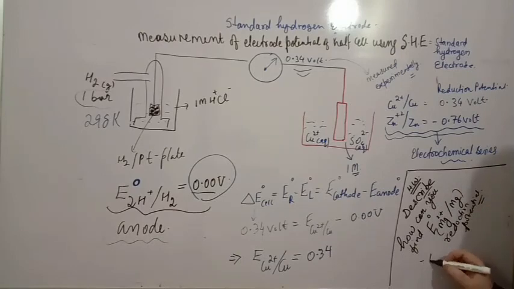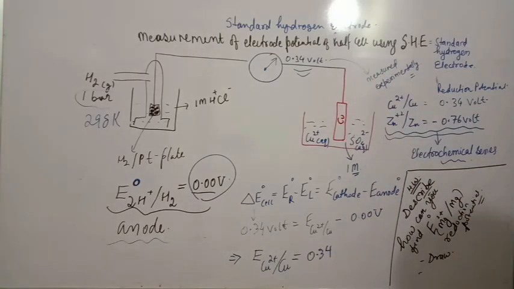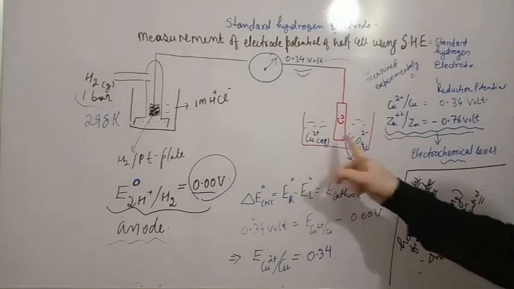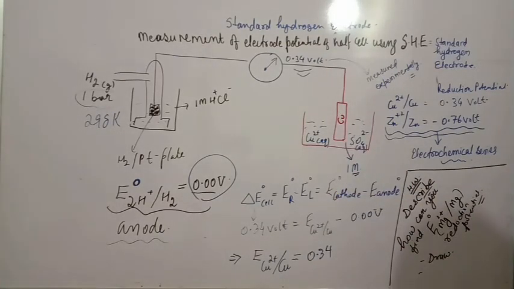To describe, you have to draw the diagram which I have drawn. What changes will you make? Instead of Cu2+, you will write Mg2+. Instead of the Cu electrode, you will take an Mg electrode. Instead of CuSO4, you will take MgSO4 or MgCl2.